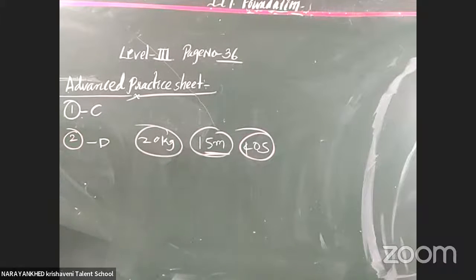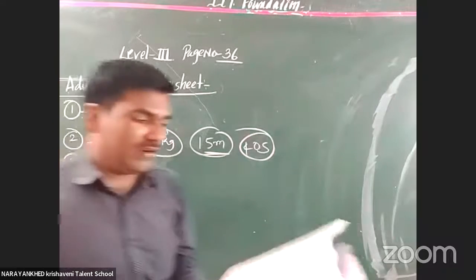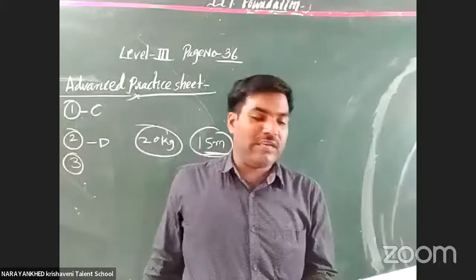And third one. Whatever third one it is there. Okay, now, what is the third thing? The scalar of 10 kg towards earth. Okay, clear or not?